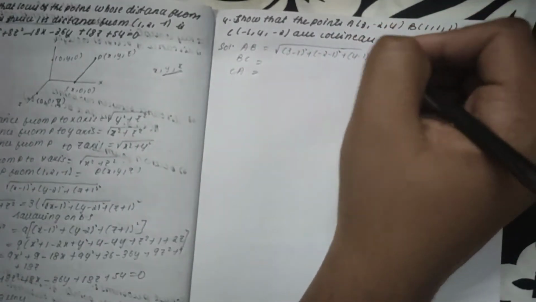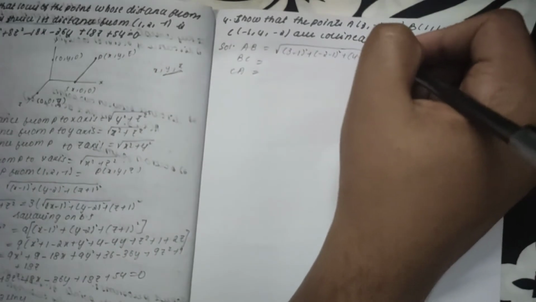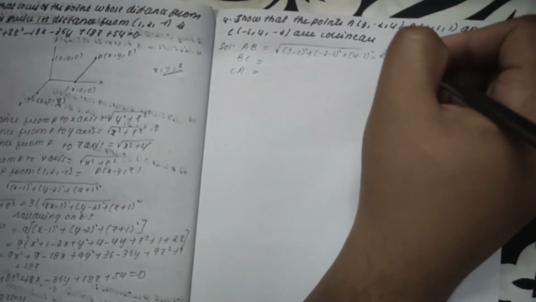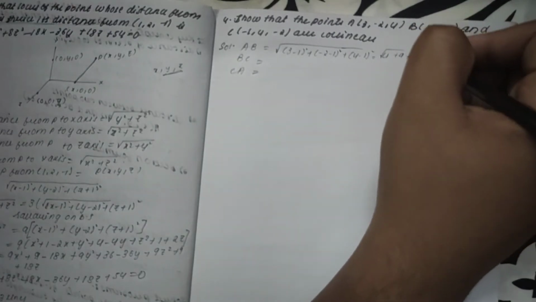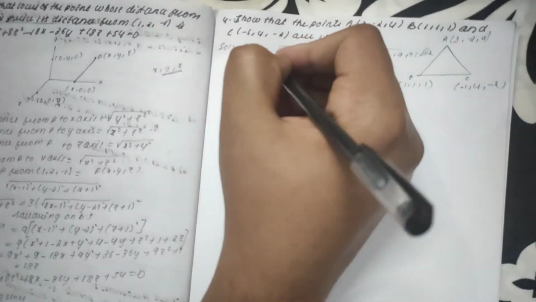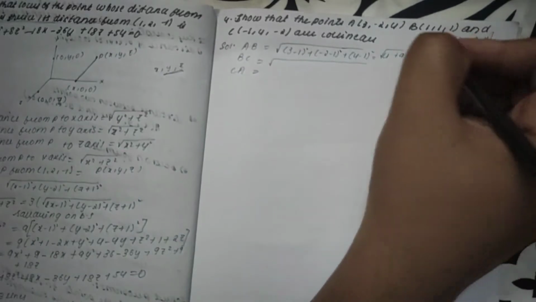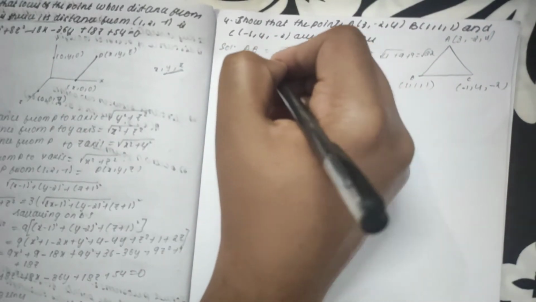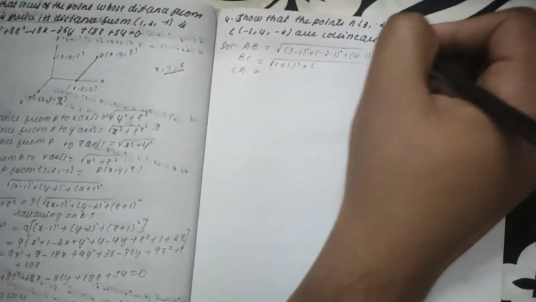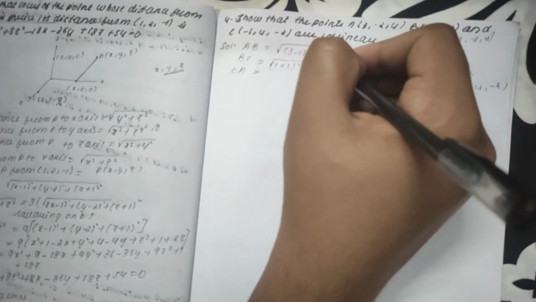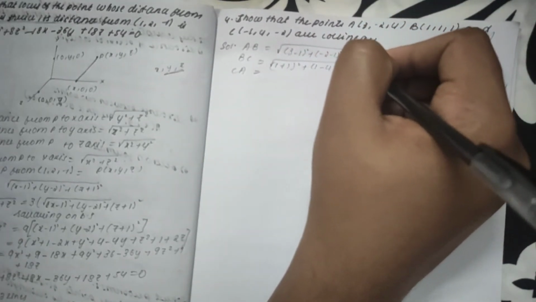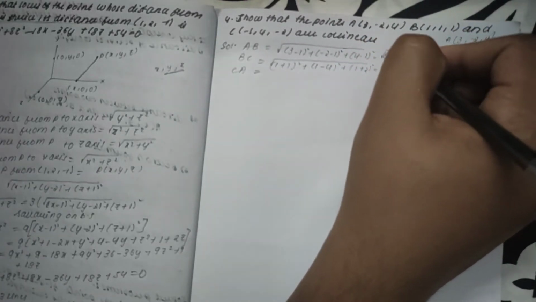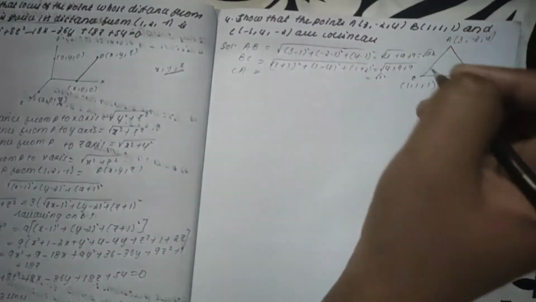So this is 2 whole square is 4, and 3 whole square is 9, and 3 whole square is 9. So this is root 22. Similarly, the distance between BC: (1 minus -1) whole square plus (1 minus 4) whole square plus (1 plus 2) whole square. Similarly, this is 4 plus 9 plus 9, which is root 22.